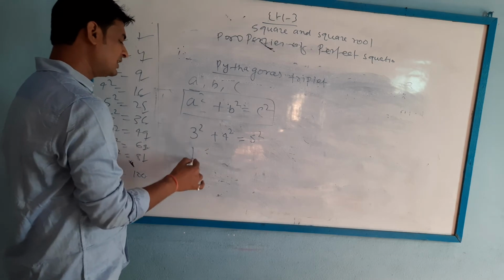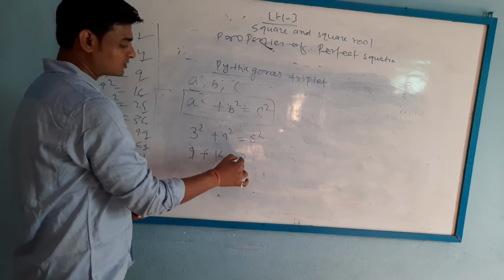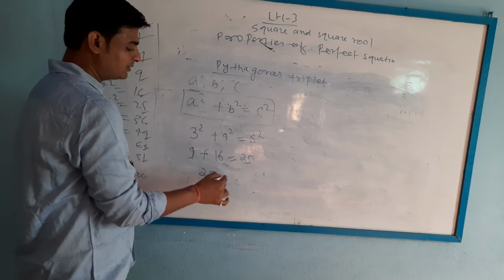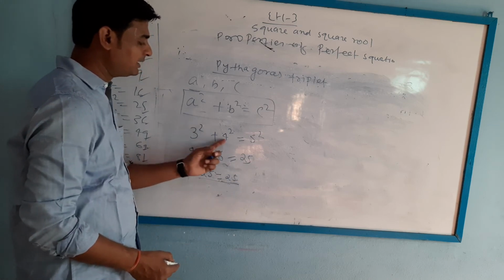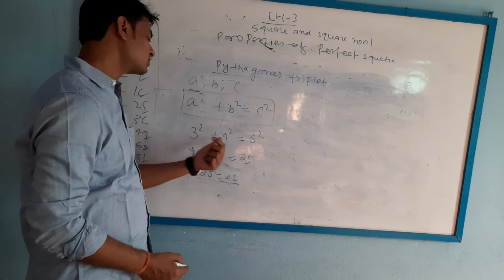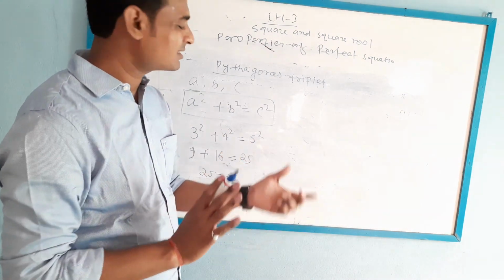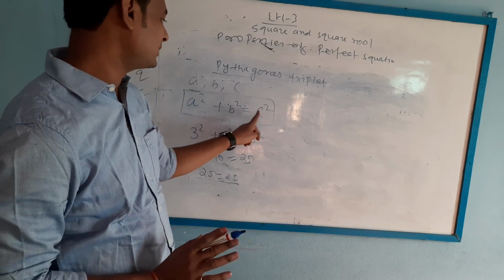The square of 3 is 9, the square of 4 is 16, the square of 5 is 25. So 16 plus 9 is 25, equal to 5 square. Here we have three natural numbers a, b, c. These are satisfying the condition of a Pythagoras triplet, a square plus b square is equal to c square.